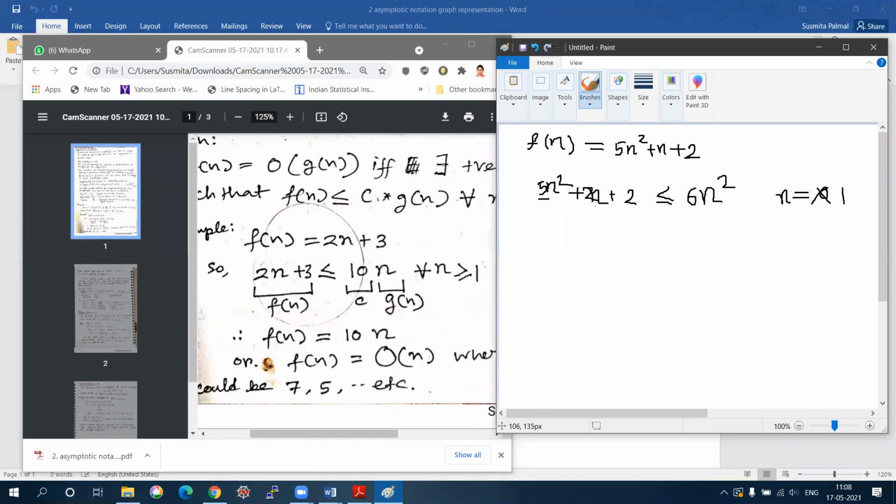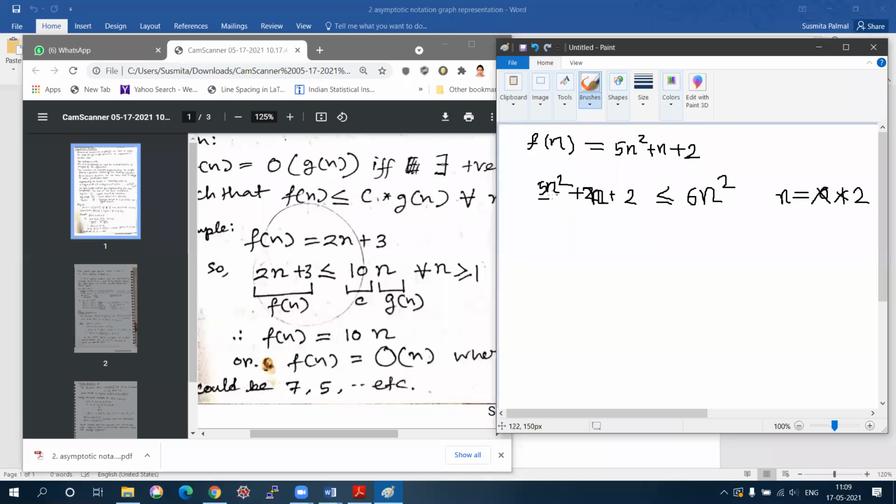Here it will be 5 plus n, where the value of n is 1, so 5 plus 1 plus 2, that means 8. And on the right hand side, 6 into n where n is 1, so the value is 6. Here 8 is not less than or equal to 6, so we cannot take n equals 1. Then we have to take n equals 2.